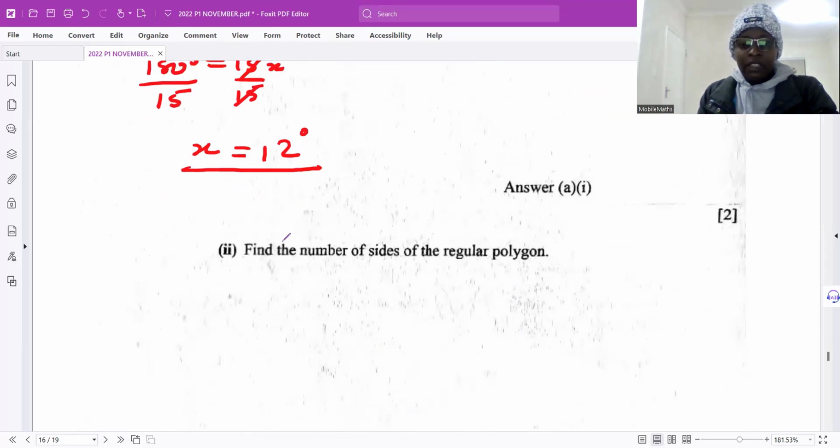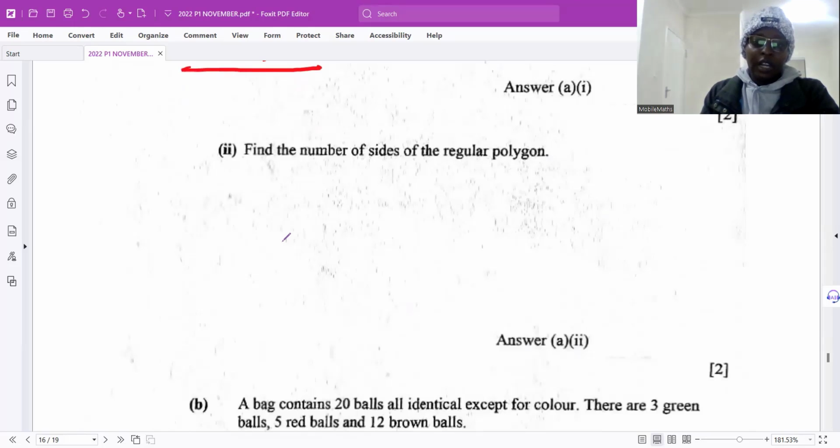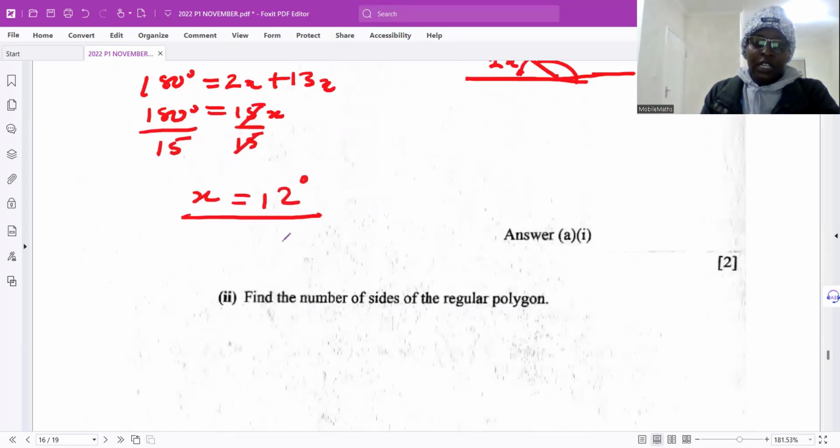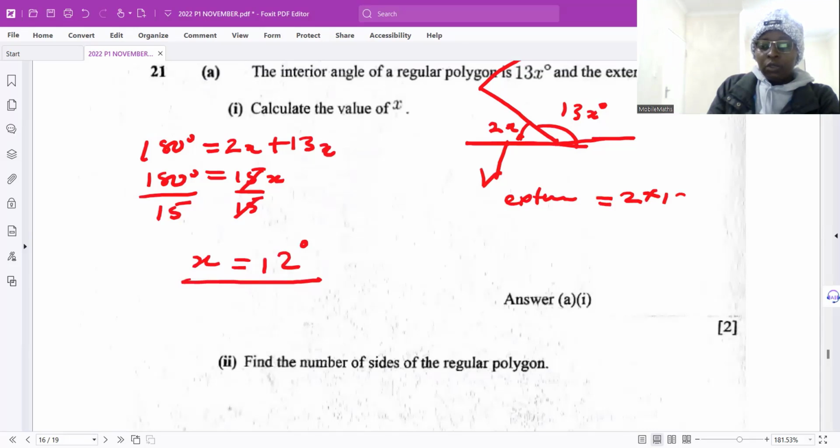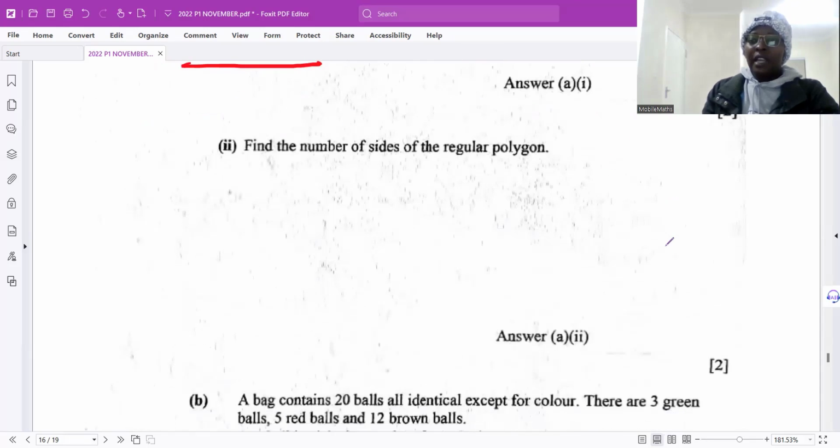Next question, find the number of sides of the regular polygon. If we found that x is 12, it means our exterior angle is equal to 2 times 12, which is 24 degrees. If we know the exterior angle, we can find the number of sides.